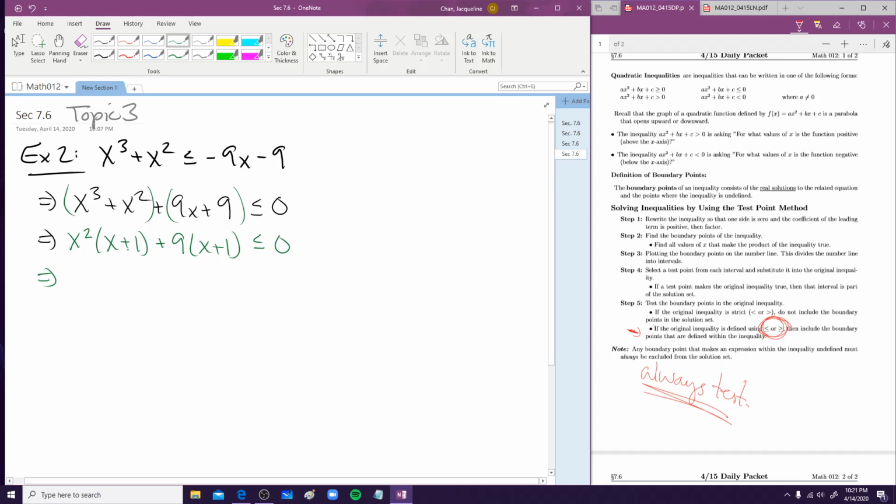So these are two terms, and both of them have an x plus 1 in common. So I'm going to factor out the x plus 1, and I'm left with x squared plus 9 less than or equal to 0. Back to my number line. Now that we've solved this, we can't factor it anymore. Now we're going to find boundary points.